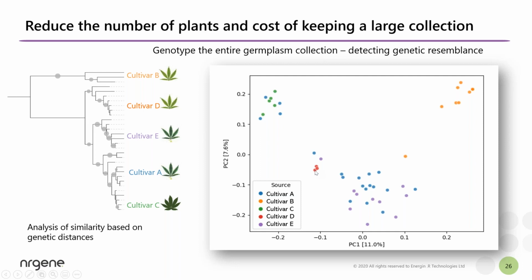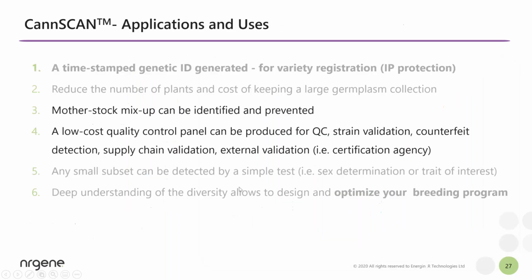So you may consider to convert some of them into seeds and store them and not keep all of them as live plants. Whereas the blue dots are widely dispersed. They're genetically different from each other. So you may want to keep representatives from the extremes and minimize the collection in that way and convert all the rest to seeds. So this is a way to minimize based on scientific and genetic analysis, educated way to minimize the collection and minimize the cost spent on the breeding program.